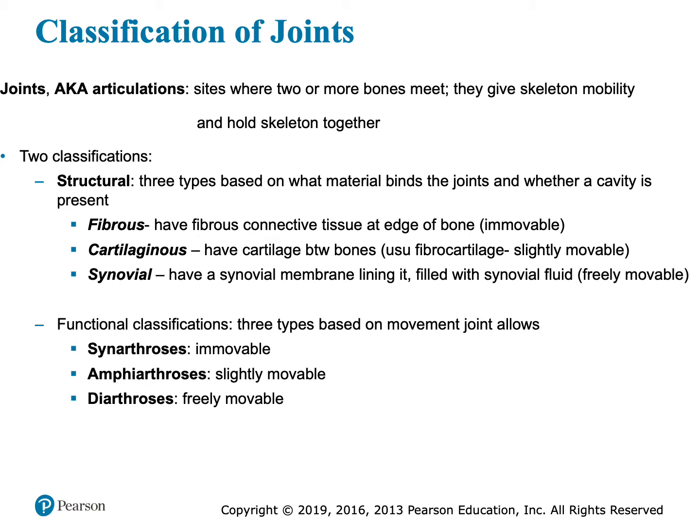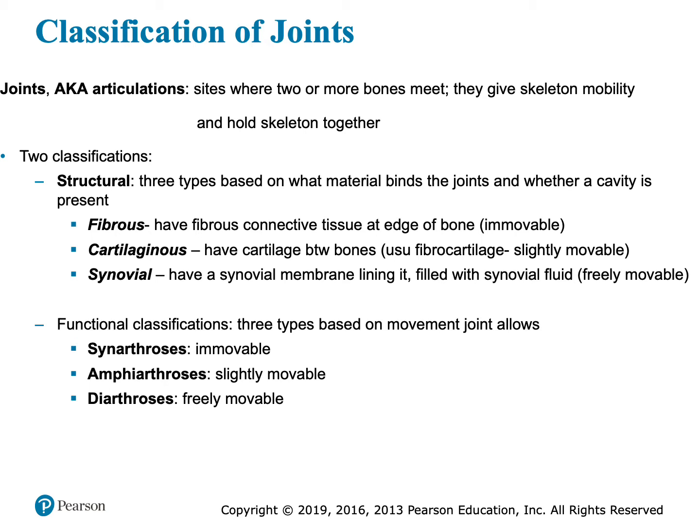So we've got fibrous connective tissue holding the two pieces of bone together, say the parietal bone to the frontal bone. But it doesn't move. So that suture is a synarthrosis. And I alluded to this the first day of lecture for bones.